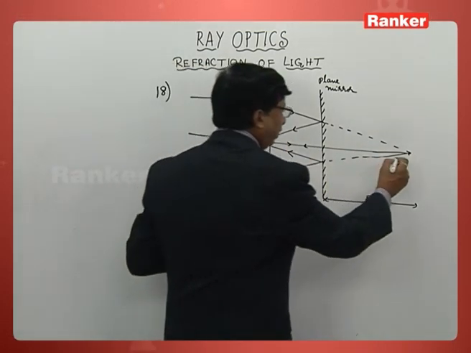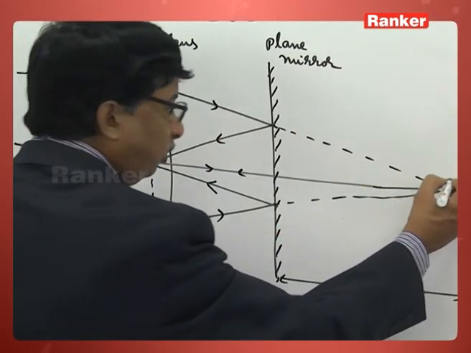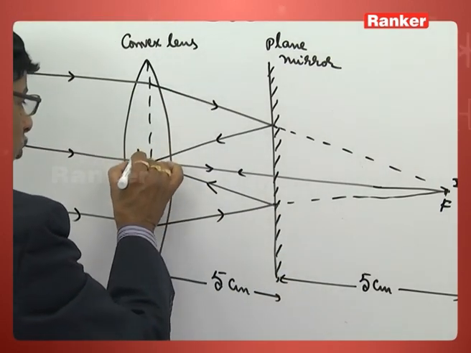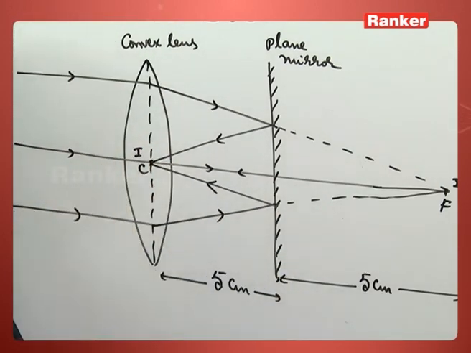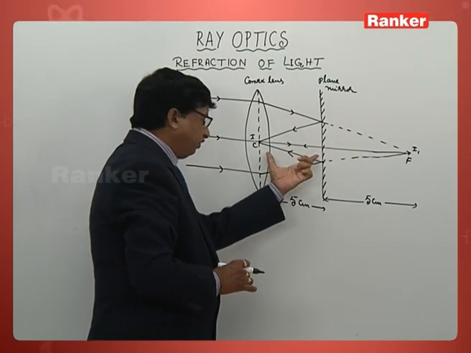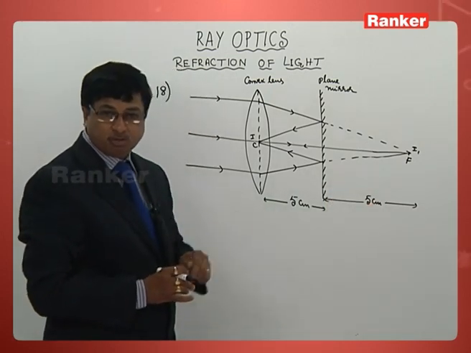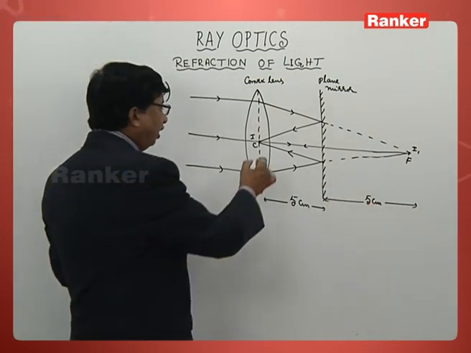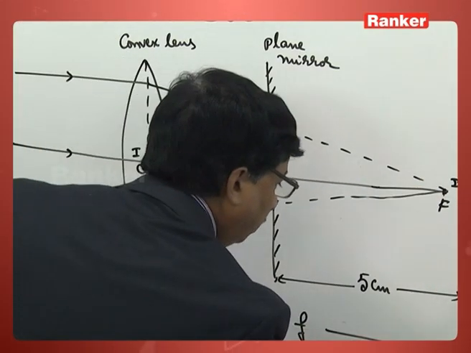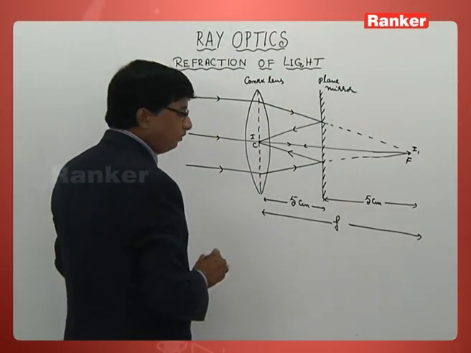The image will be formed at its focus. That is actual image 1. This is image 2, which we are getting as the final image. You can now understand in this particular case, when this separation is 5 centimeter, that separation also should be 5 centimeter, and this total distance must now be equal to the focal length of the given convex lens.